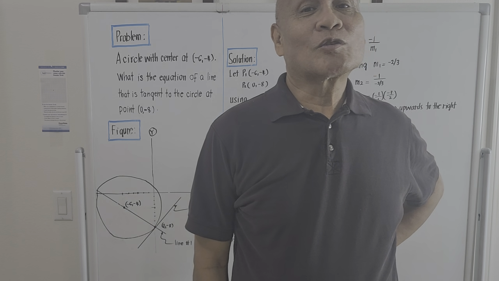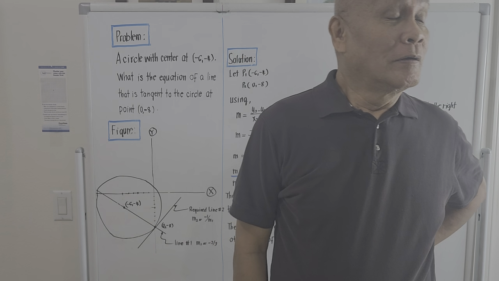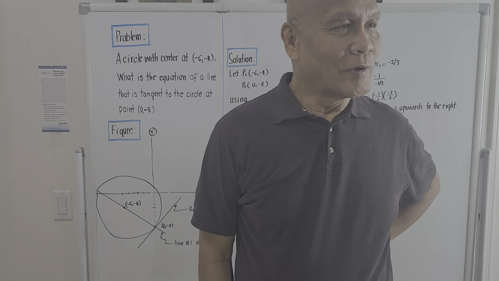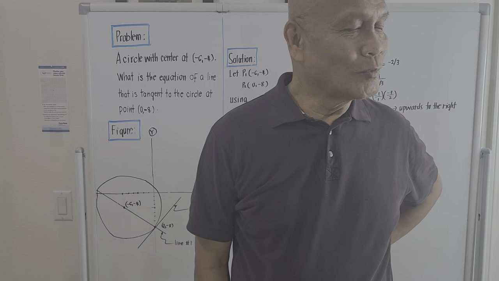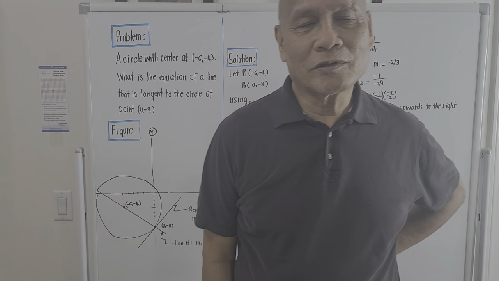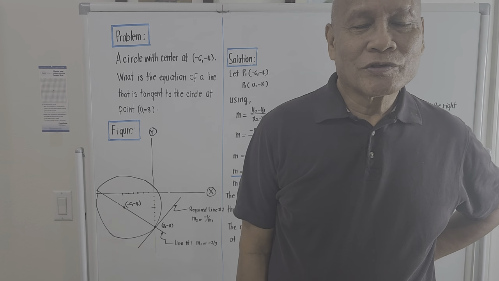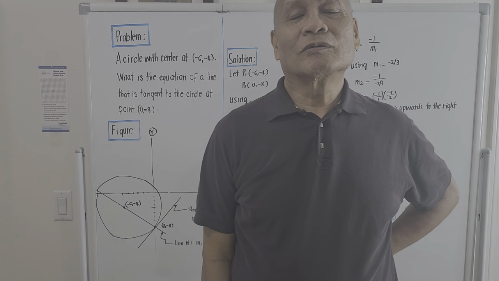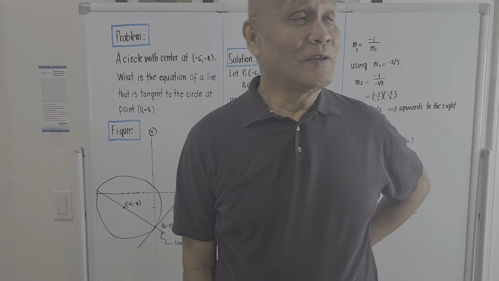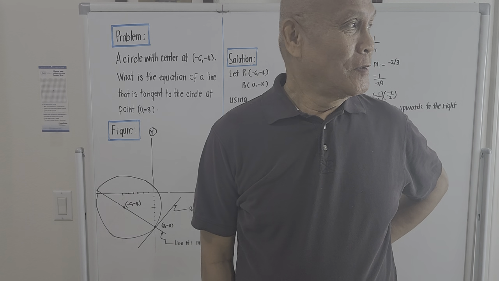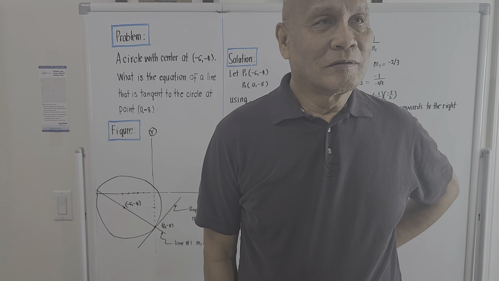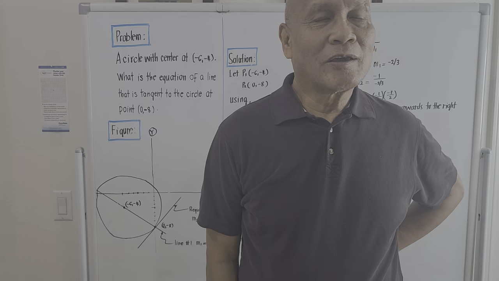Okay, this will be my first lecture for the year 2024, and this will be a random topic. This will be analytic geometry. It falls under the discussion of the concept of slope for a conic section.